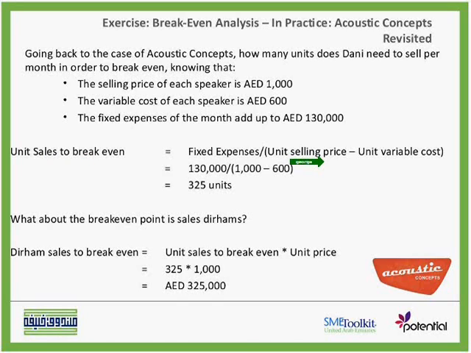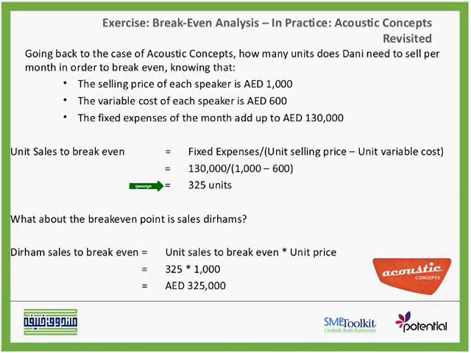The fixed expense for the month being 130,000, so 130,000 divided by the 400 will be 325 units. So Danny needs to sell on a monthly basis 325 units to break even, to cover his fixed expenses and his variable expenses.